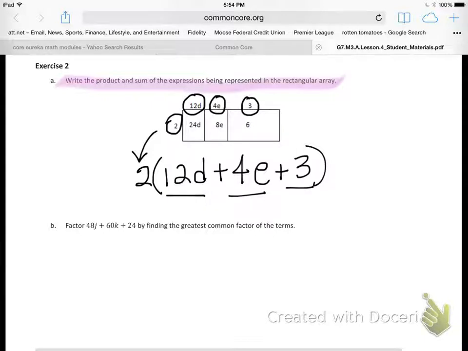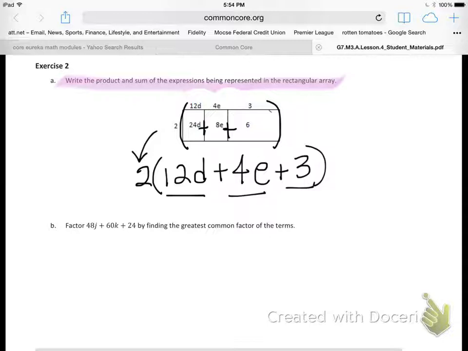You could look at this rectangular array and just imagine parentheses right there, and then whatever symbol you need in between, it's either a plus or could be a minus. But that value will be shown as well.